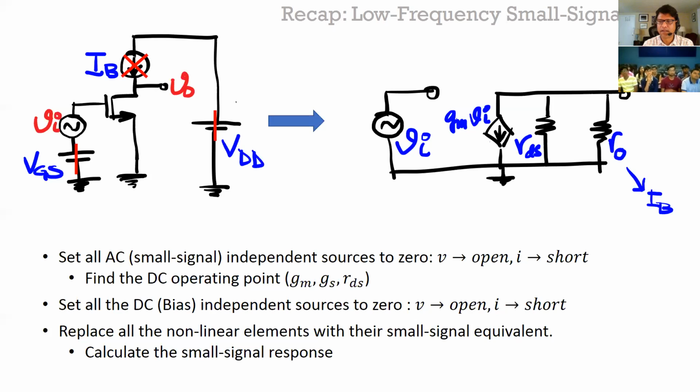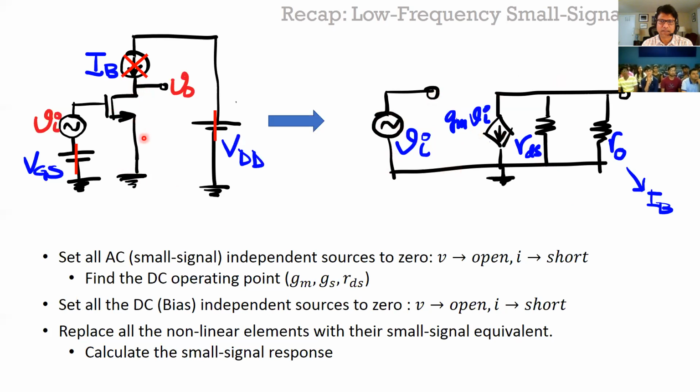So if you do that, you'll get a small signal equivalent model. This part here is nothing but the transistor small signal model, where you have a small signal from the gate to the source node, and the source is ground, so that's why this is ground.